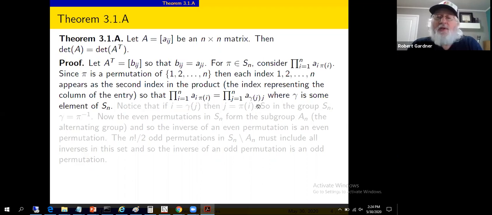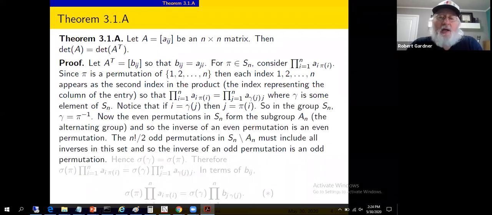All we're doing is rearranging the order in which these numbers occur by putting them in order in terms of the second index instead of the first index. In so doing, we're jumbling around the first index according to some permutation. Call it gamma. Well, no surprise, and maybe I put too many details in here.